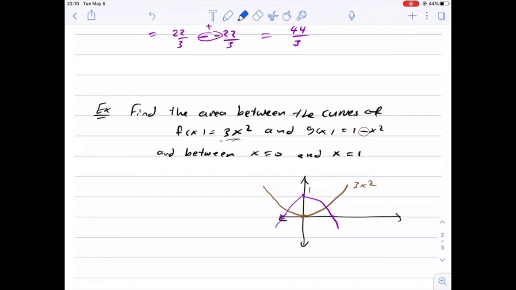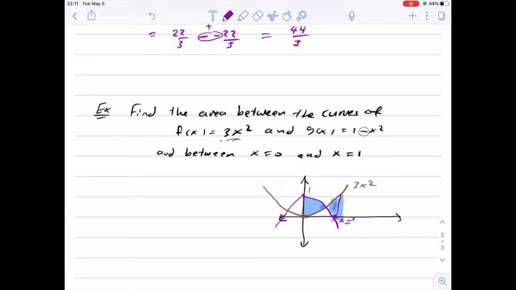The area is this area. It's between 0 and 1. So the area is here and here, up to x equals 1.